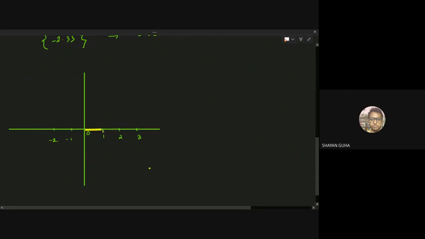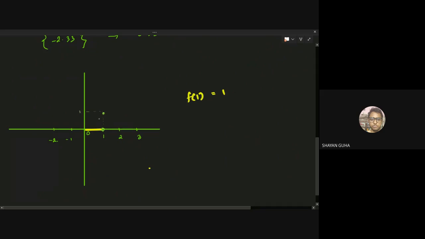But at the point 1, what is f of 1? When it's a box function, its value will be 1. So we can see that it will form a hole here. What kind of hole? Here the value will be missing and it will take a jump, and the value will be here. For 1, the value is 1.